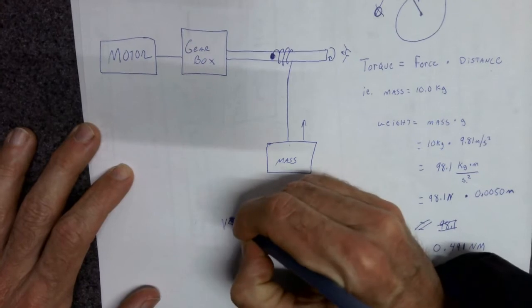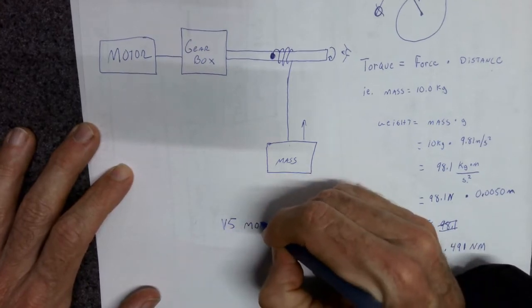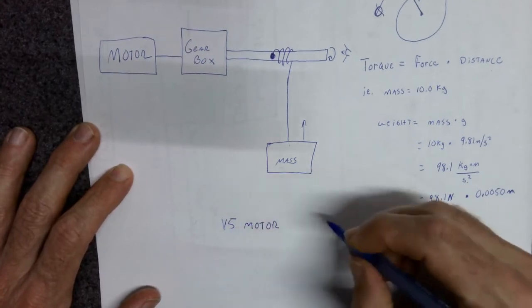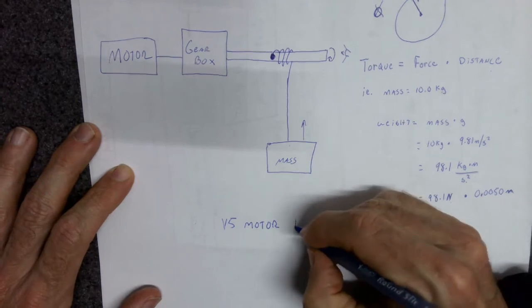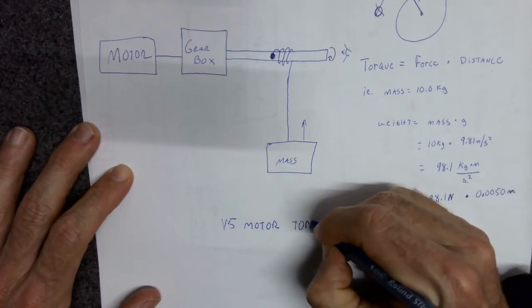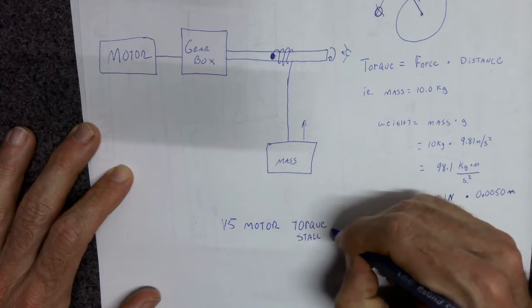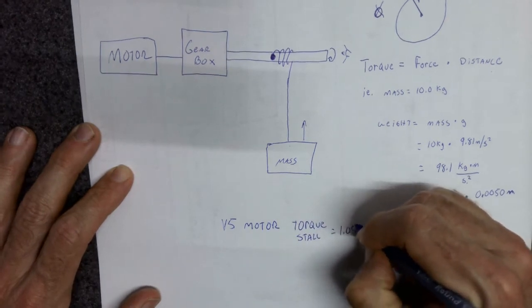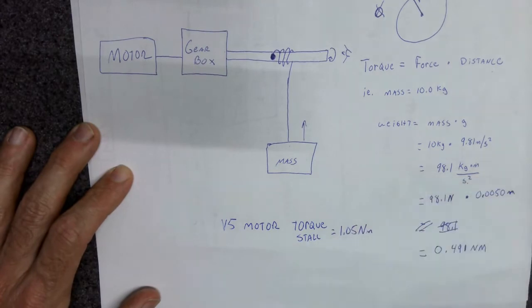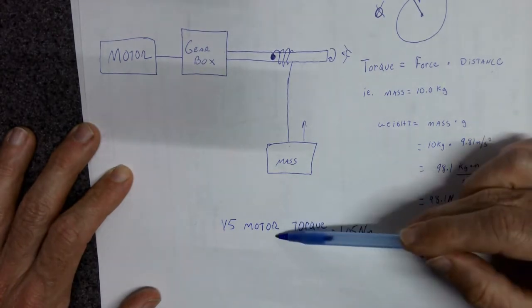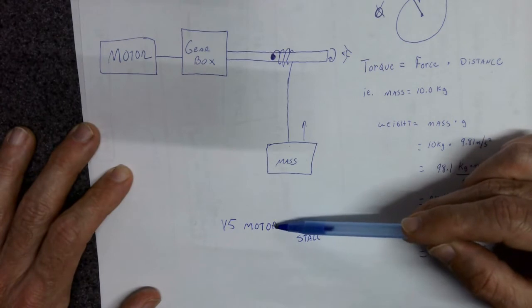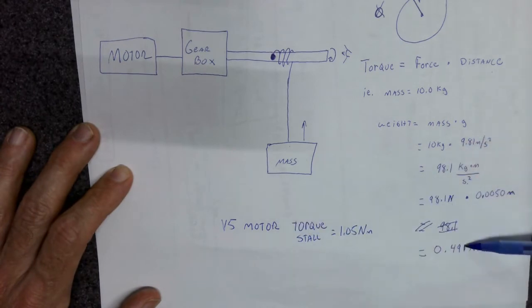A standard VEX V5 motor that you're all familiar with working with has a stall torque equal to 1.05 newton meters. So in other words, if I just put a shaft directly into a regular V5 motor with no gearing, it should have plenty of torque to lift that 10 kilogram mass, wrapping a wire or string around the shaft.